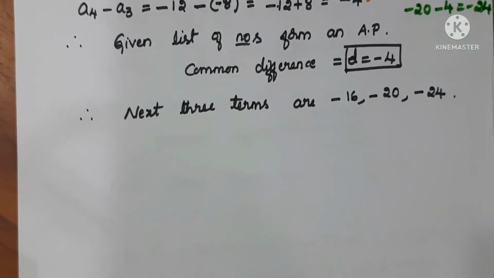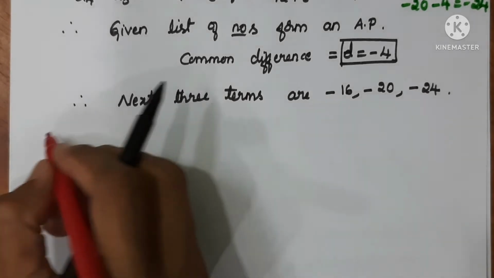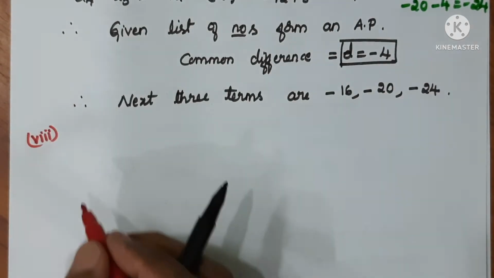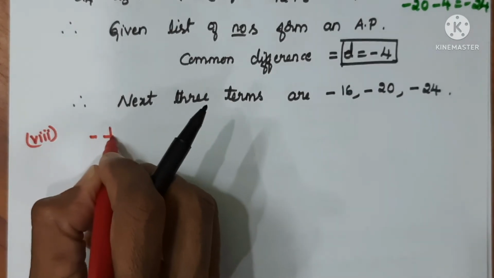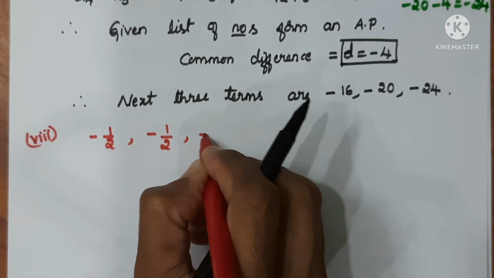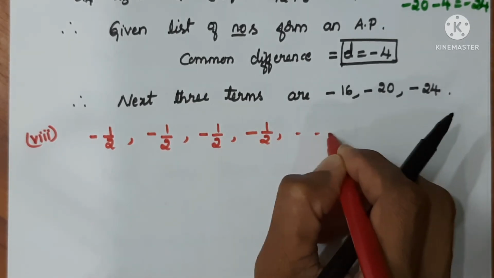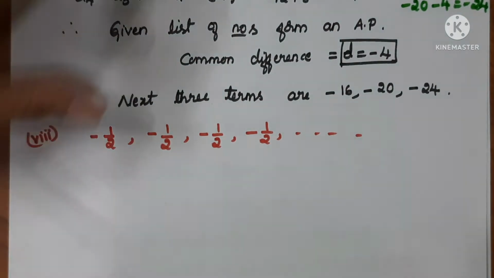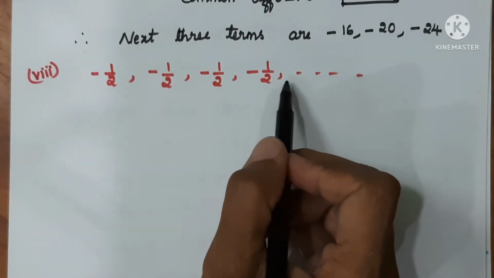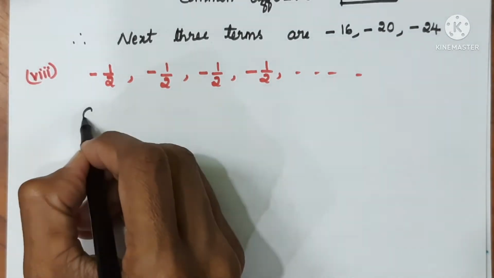Now let us see the next AP, next question. 8th one. 8th one is minus half, comma, minus half, comma, minus half, comma, minus half, etc. Here directly you can say that this forms an AP because we are adding 0 each time. So this forms an AP. Let us find A2 minus A1.